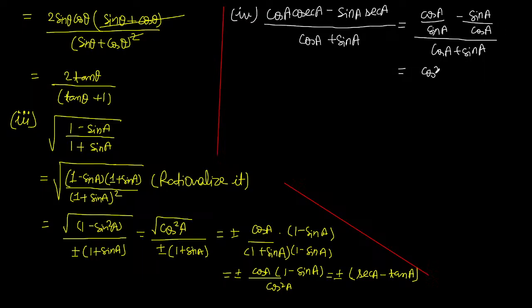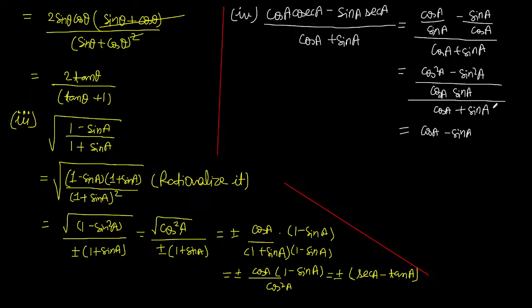This is nothing but cos square A minus sin square A upon cos A sin A divided by cos A plus sin A. This is cos A minus sin A into cos A plus sin A, which cancels the cos A plus sin A. We have cos A minus sin A upon cos A sin A, which is nothing but cosec A minus sec A. This was the proof.